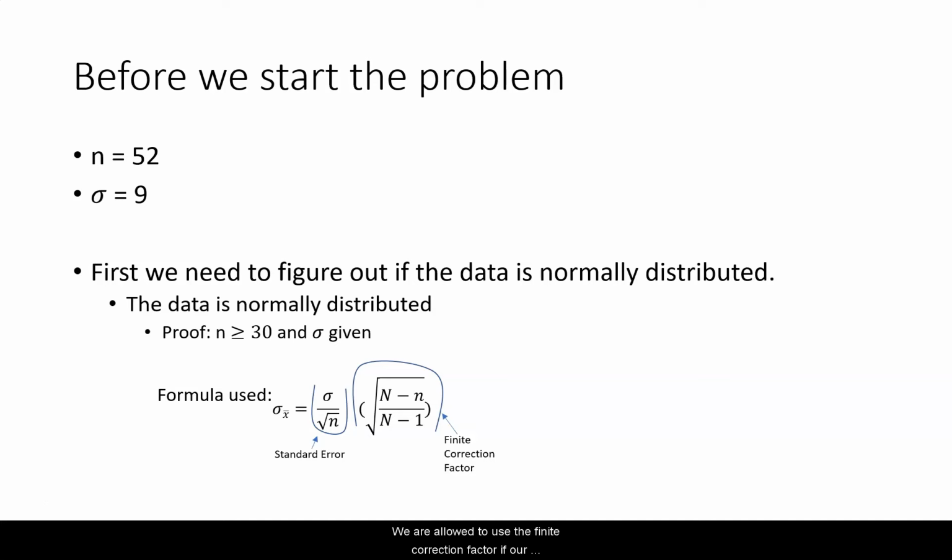We are allowed to use the finite correction factor if our sample size is greater than 5% of our population size. If we can use the finite correction factor, it will decrease our standard error, which allows our sample data to better represent our population. It is a reward for taking a large sample size of our population.